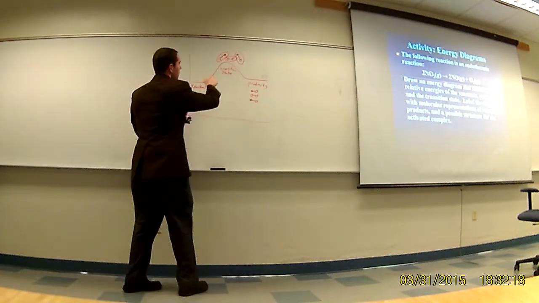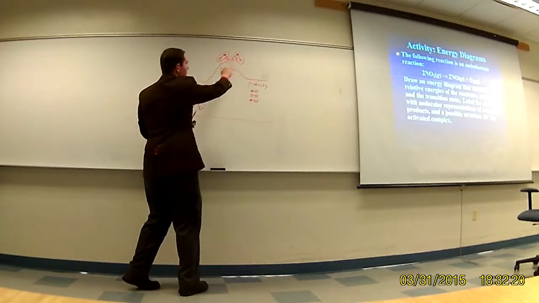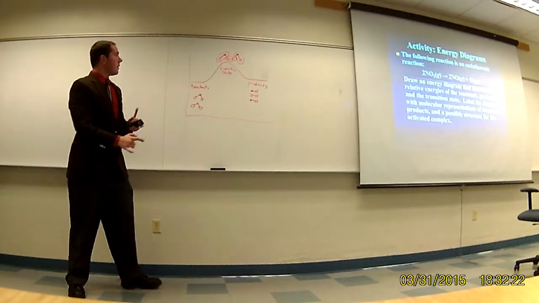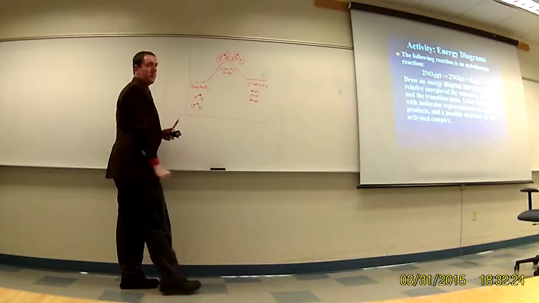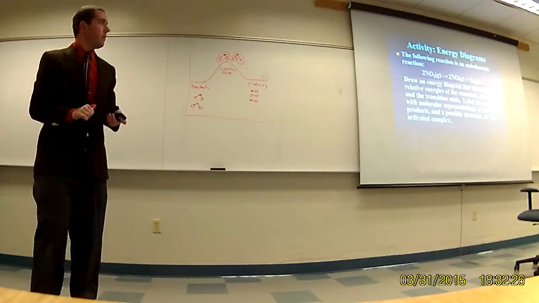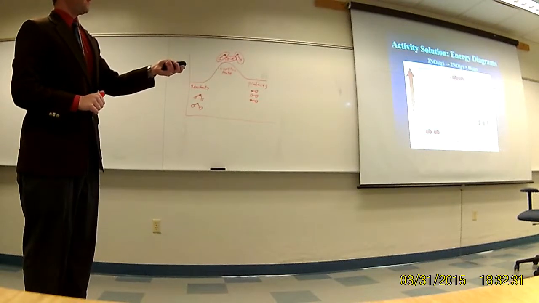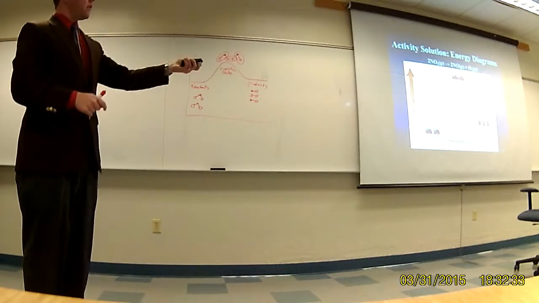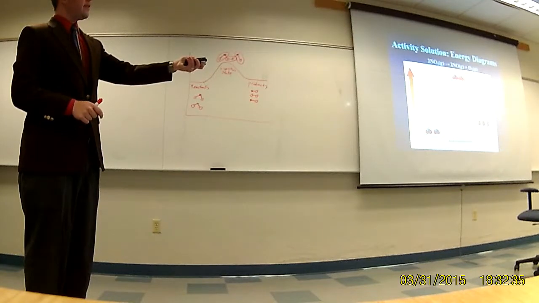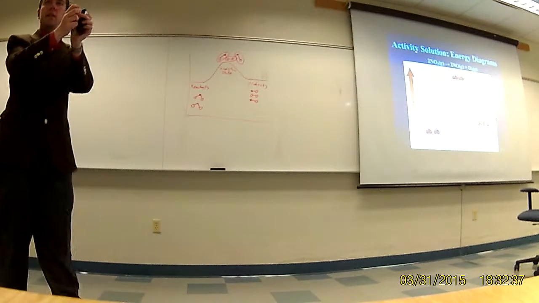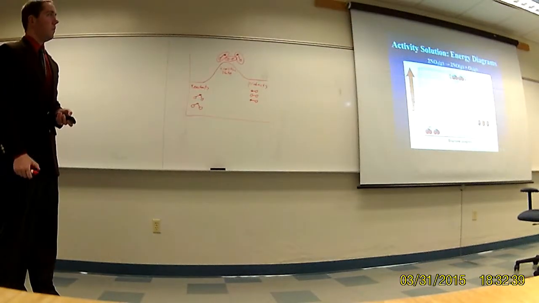These two are breaking, that one is forming. These two don't change at all. So they don't show those bonds, but there we have our two NO2s next to each other. The oxygens in the center are going to break off and form their own O2.